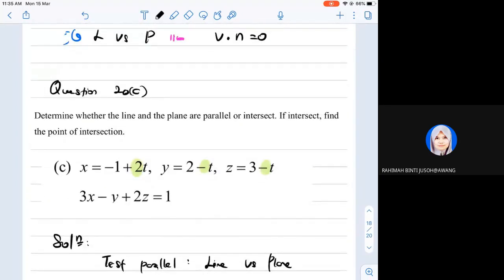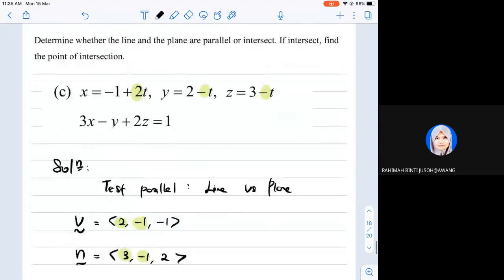Tadi awal-awal tadi kita belajar cari intersection point antara dua line. Sekarang ni antara line dengan plane. Okay, you have to bear in mind bila nak cari intersection point bermaksud tadi madam kata kena cari koordinat x, y dengan z. So nak cari koordinat x, y dengan z kena ganti nilai t. So dalam kes soalan ni nak cari nilai t macam mana?